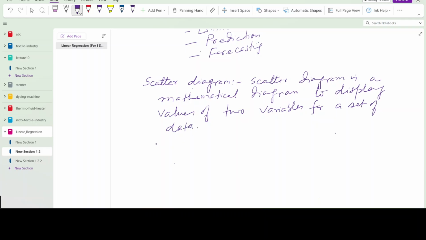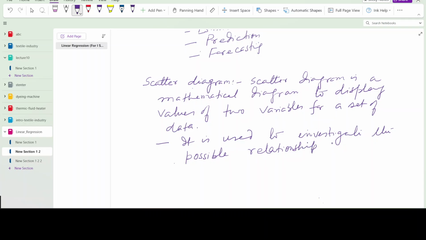And what is its use? A scatter diagram is used to investigate the possible relationship between the variables.